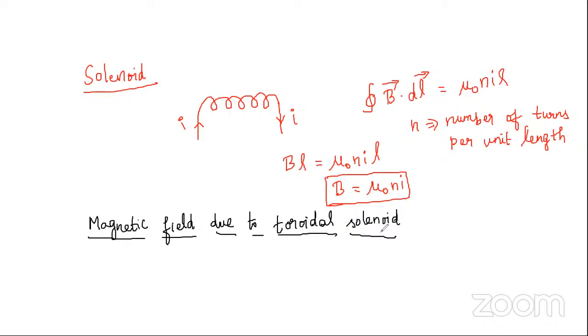What is the meaning of this toroid? If the solenoid is bent in a circular shape and the ends are joined, then we get a toroidal solenoid. So it looks like this.